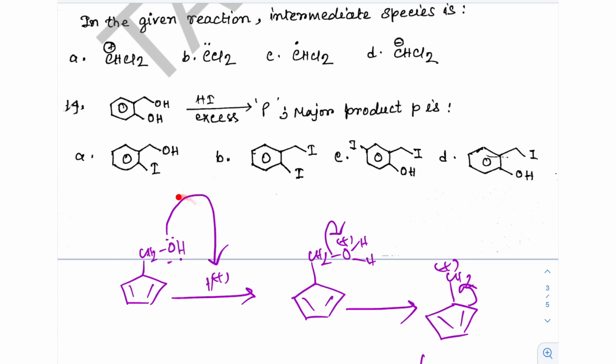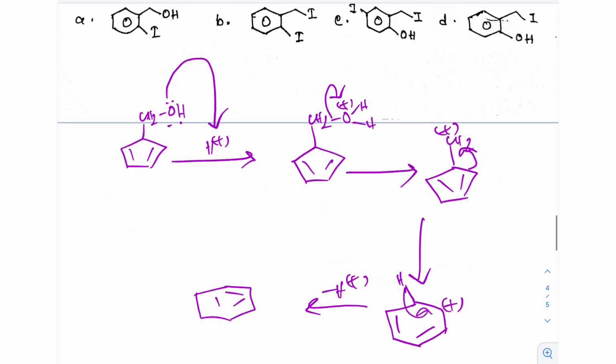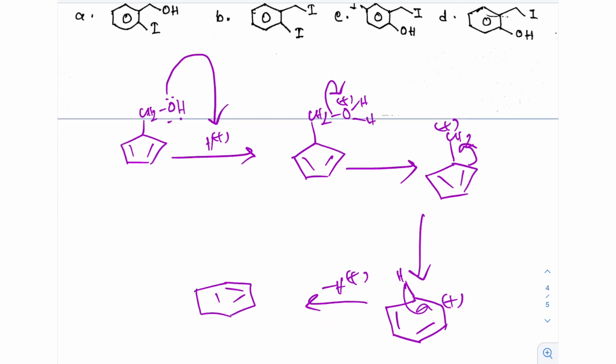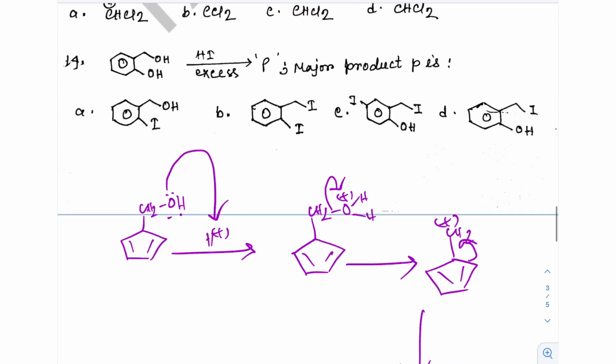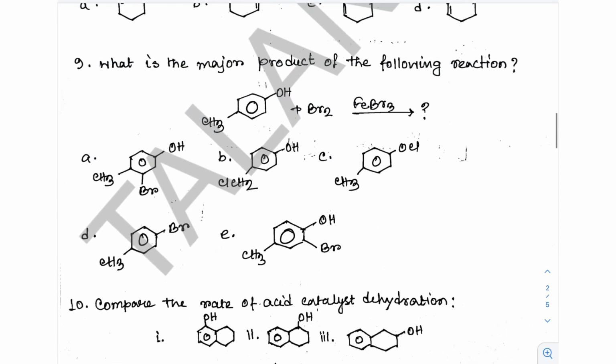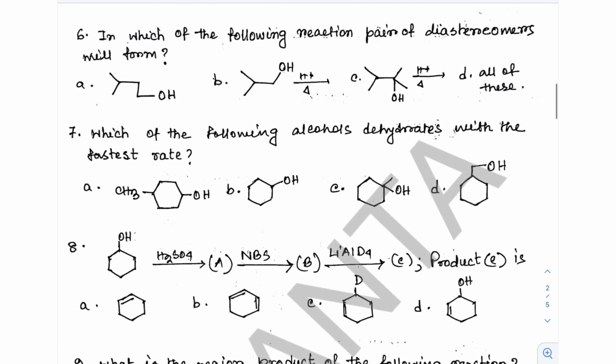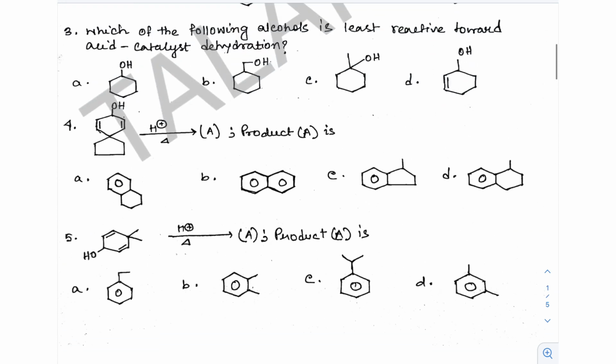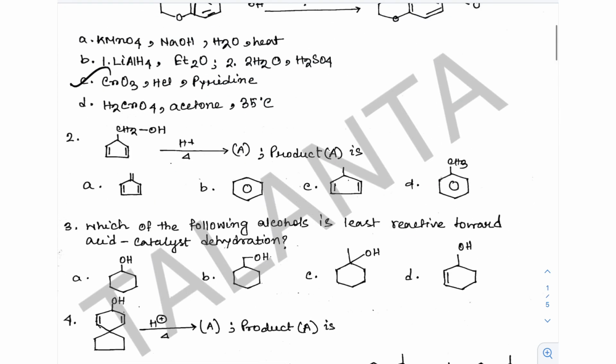The same mechanism will happen over there. This carbocation will be formed, and then dehydration takes place by deprotonation, as you have already seen here. So here what we have to consider is the stability of the corresponding carbocation, because it goes through carbocation formation.